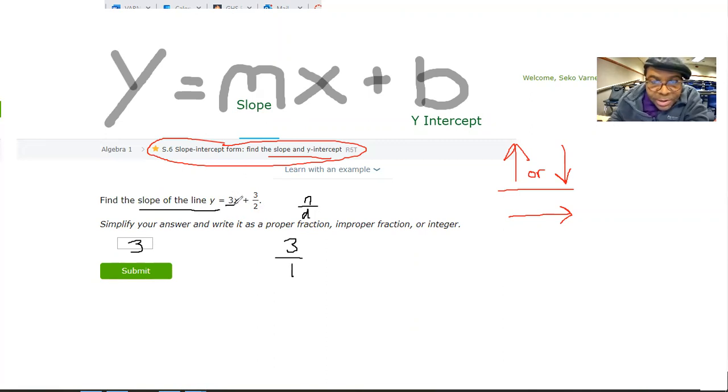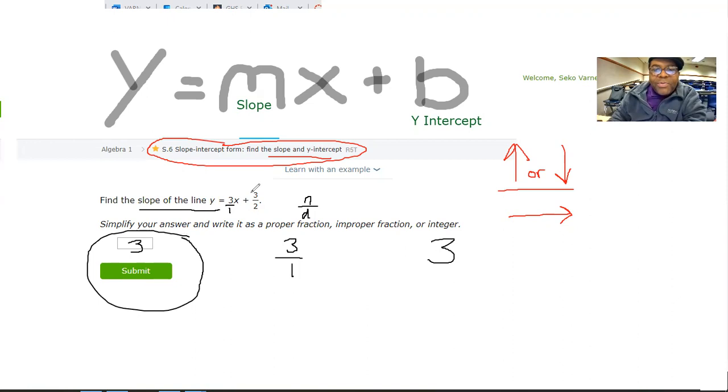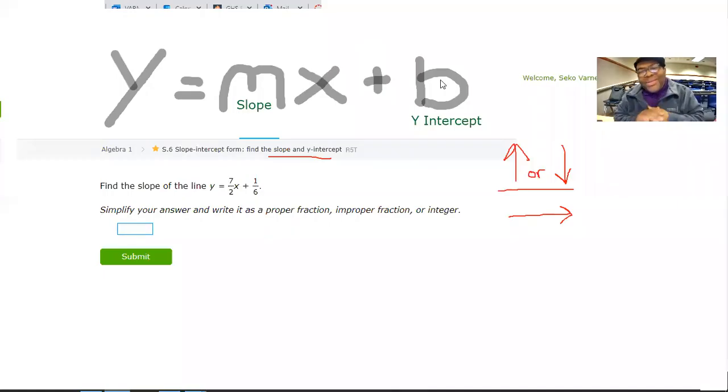There's a little 1 that you have to tell yourself in your head. As a proper fraction it would be 3 over 1, and as an integer it would just be 3. So your answer is 3 in this case. We did that one correct. Let's move on to the next one.